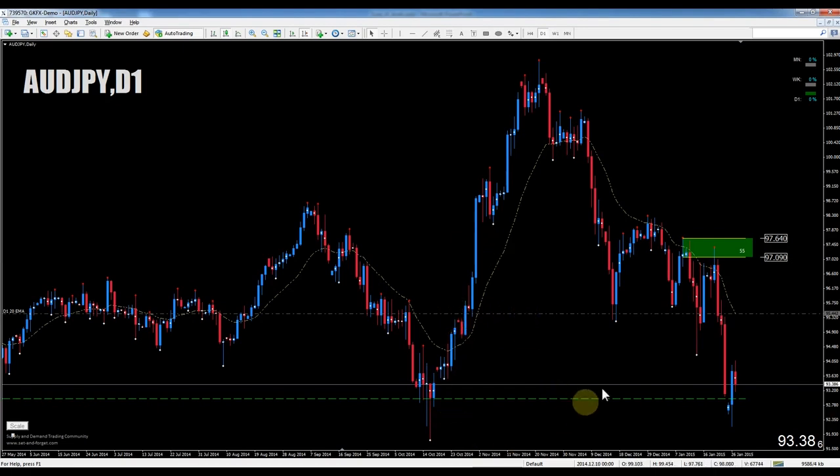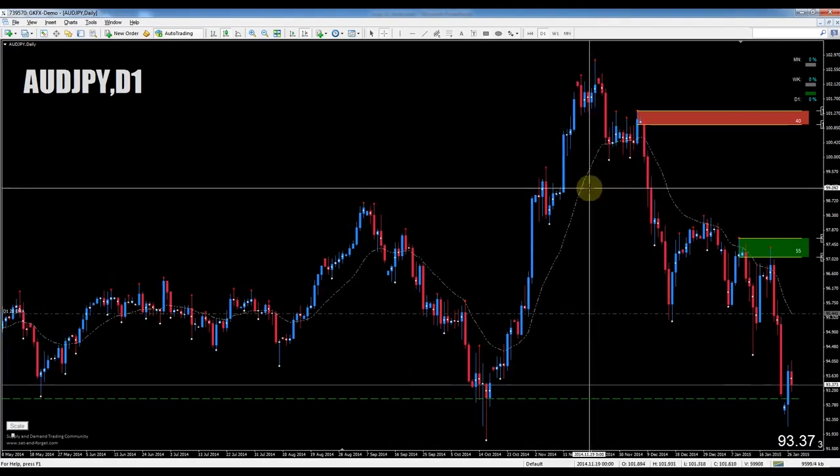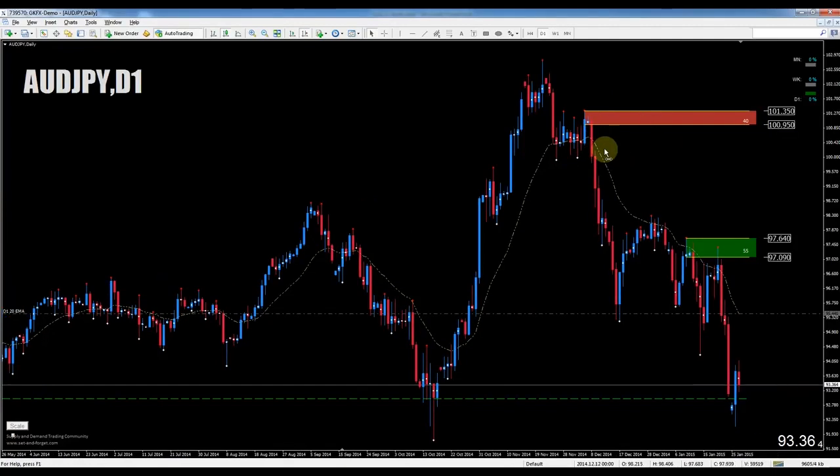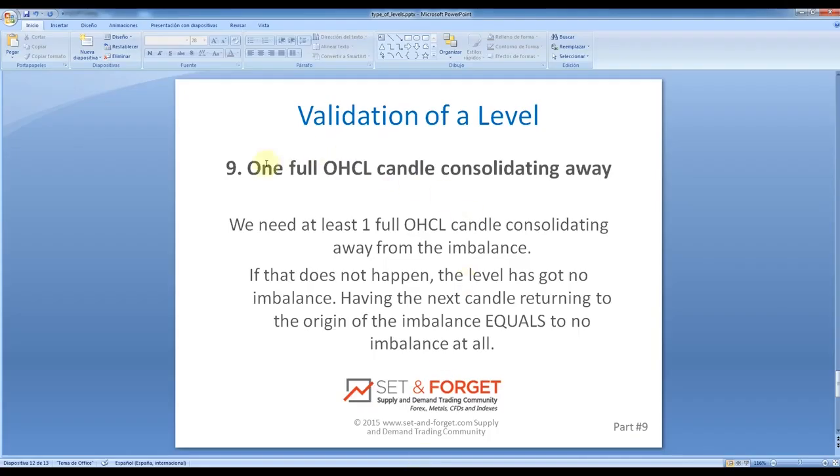In order for this level of supply, for example, to be validated, we need a 3-to-1 profit margin at least. We need a 2-to-1 imbalance, as described in previous videos. You need to watch them. And now we also need one full open, high, close, low candle.